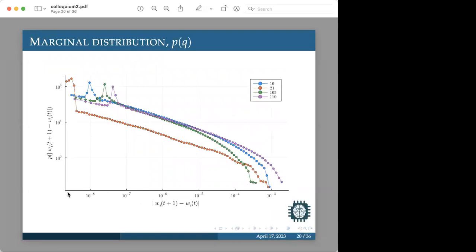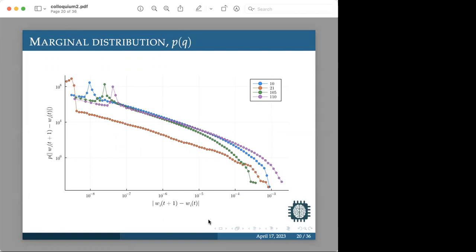Well, here I plot the probability of jumps in some particular chosen weights versus how big the jump is. Of course, the large jumps are suppressed and the small jumps are favored, but the main point is that if you plot it on a log scale, you see straight lines. Straight lines on the log plot mean that the distribution of jumps is a power law.